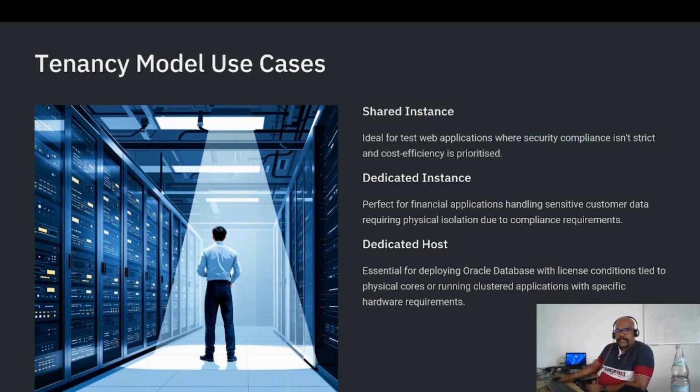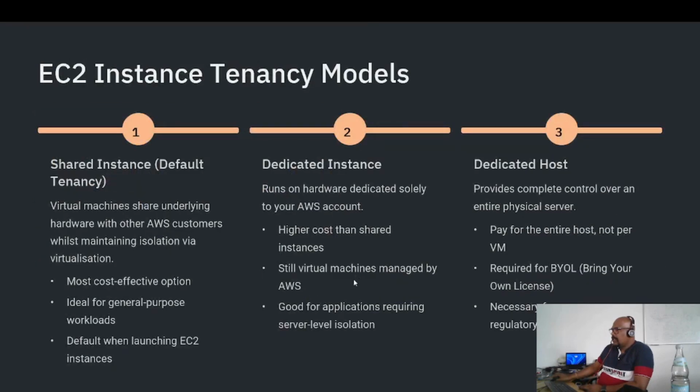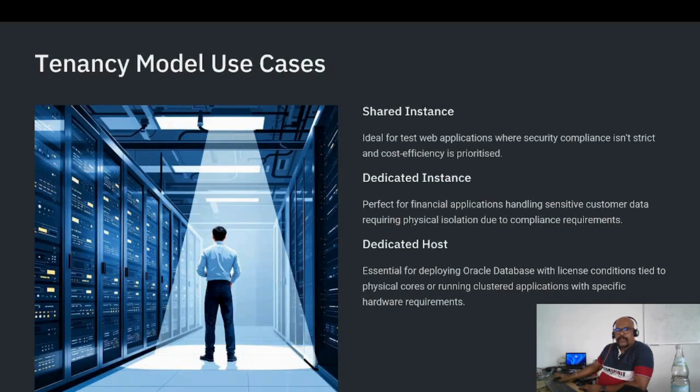In the case of dedicated instance, for example, financial institutions like banks can go for this dedicated instance, but the virtual machine is still maintained by AWS. With the dedicated host, the entire physical core and everything is given to the customer, so they can use it for an Oracle database with the license conditions.